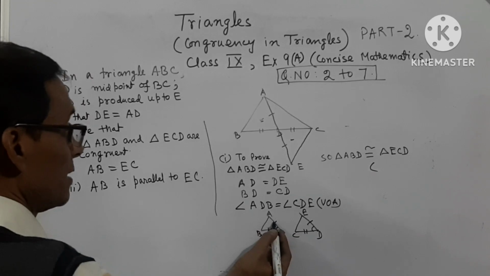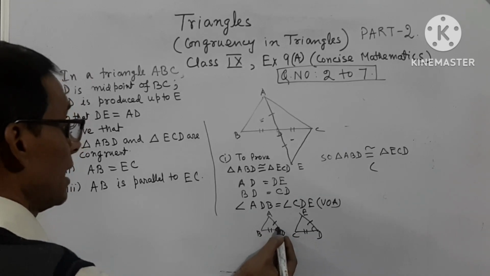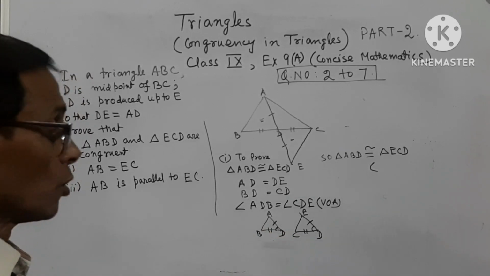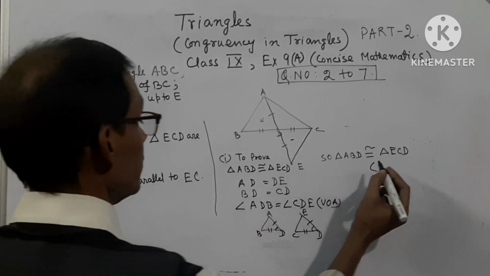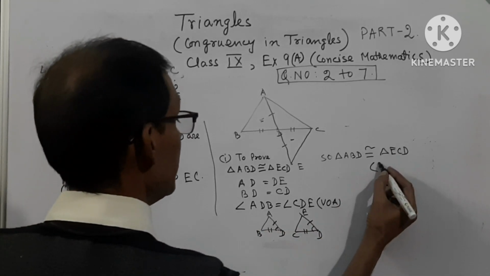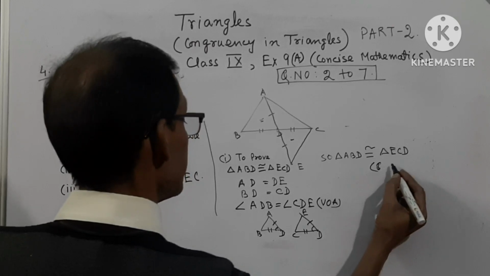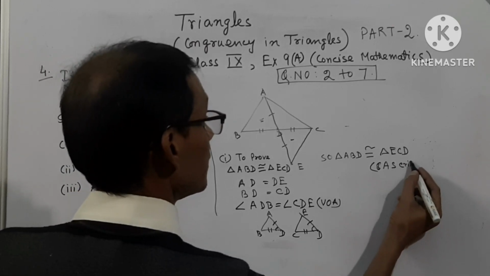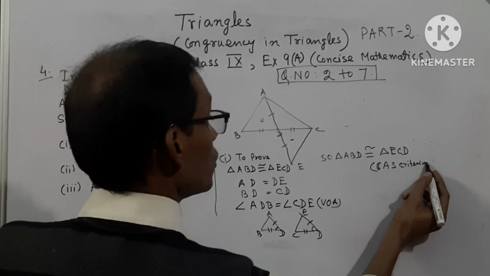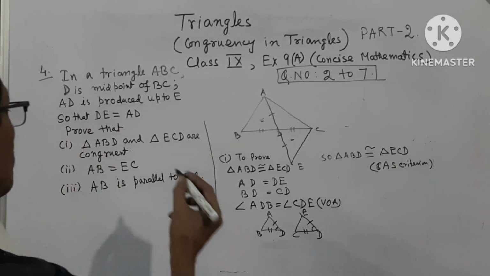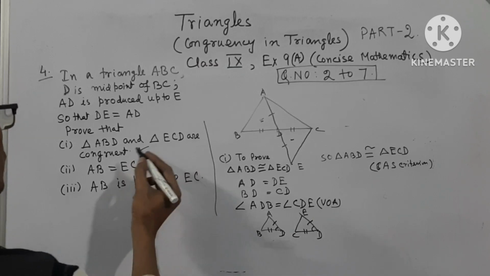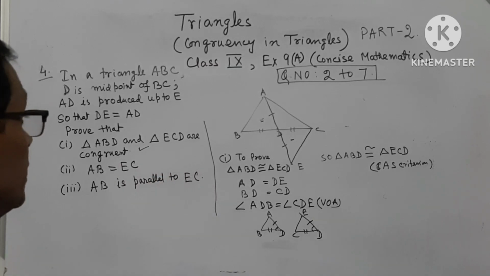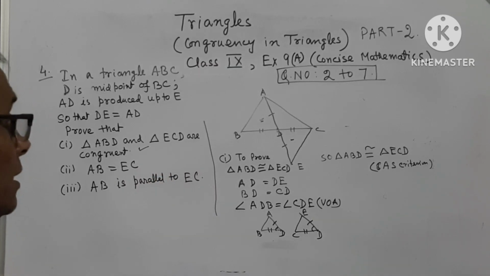You can see side, angle, side. This angle is between the two corresponding sides. So you can write SAS, side angle side criteria. So this way you could prove the first one, triangle ABD congruent to triangle ECD.